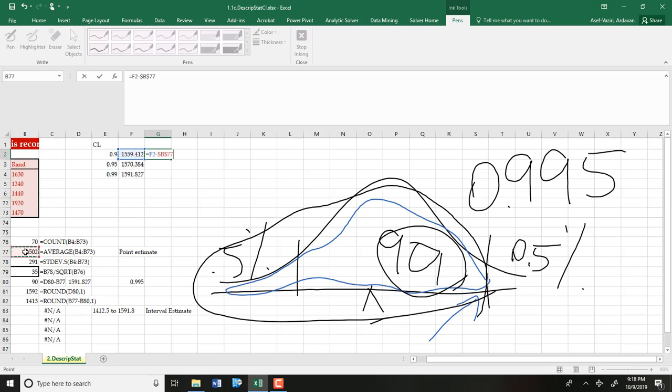And I lock this one because I'm going to copy down: 57, 68, 90. Therefore, as confidence level goes up, the distance between upper control limit and lower control limit is also going up. 57 plus average, minus 57, average plus 68, average minus 68, average plus 90, average minus 90, and those are our interval estimates.